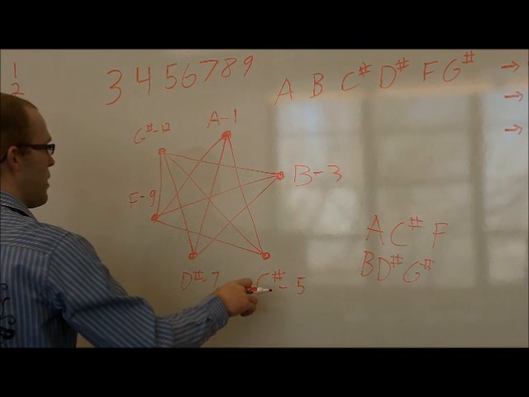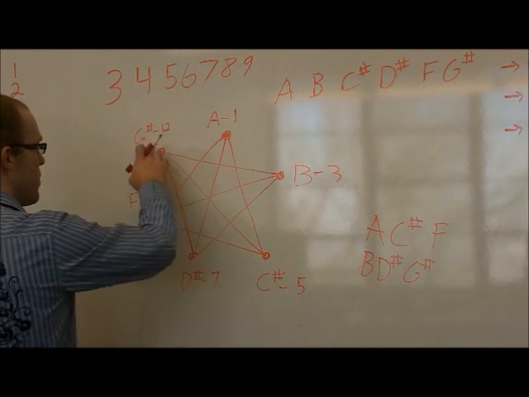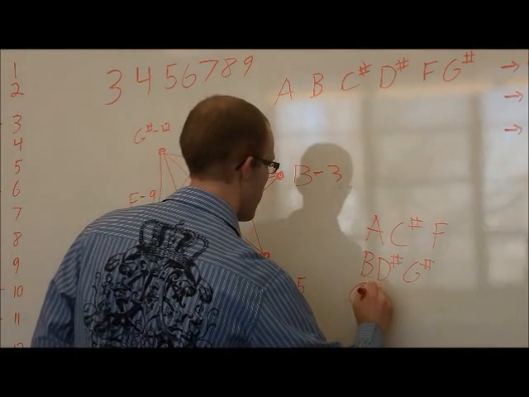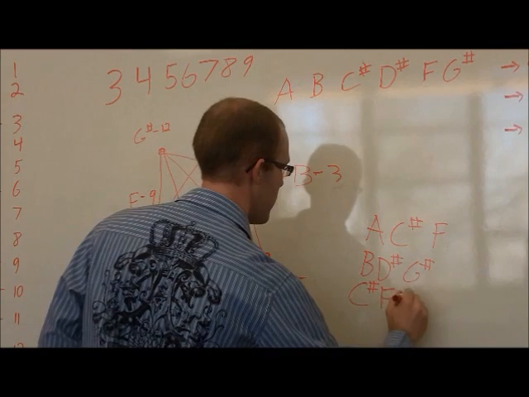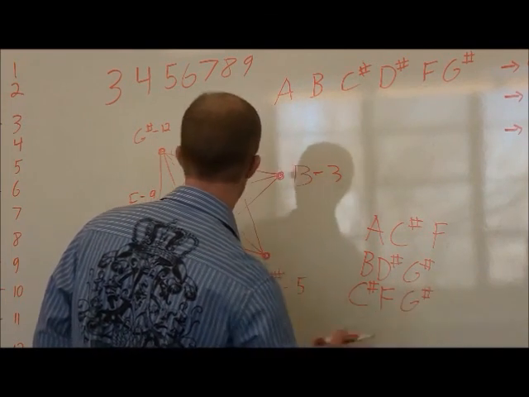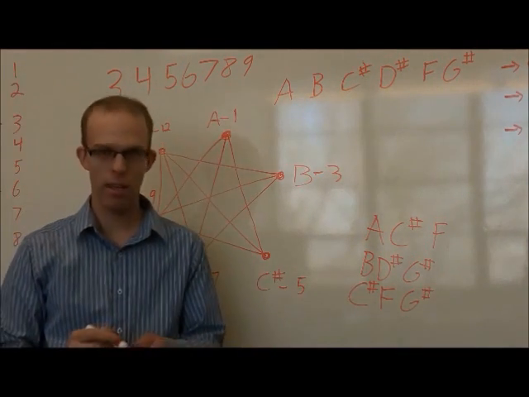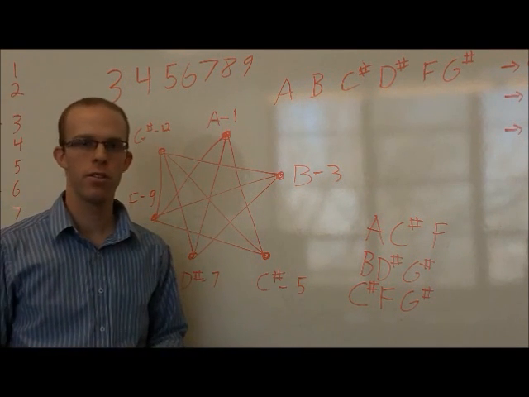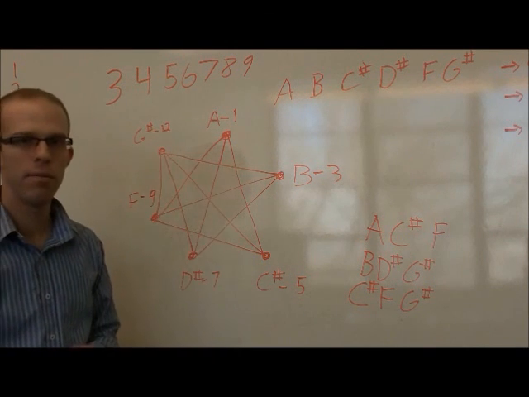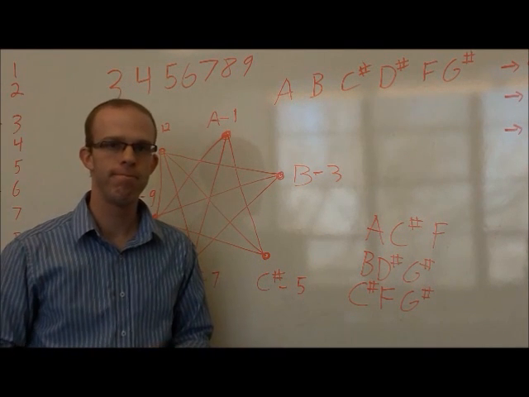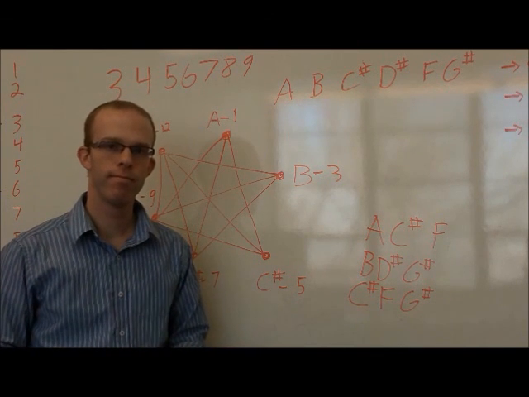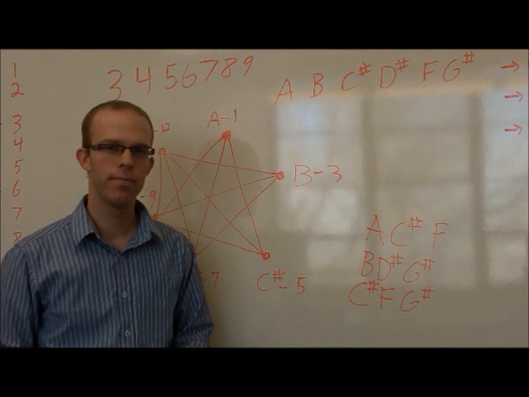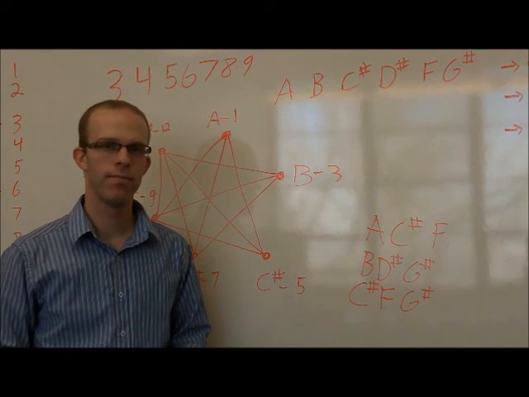And F, G sharp, C sharp, so C sharp, F, G sharp, and there might be others. I don't want to take the time to find all of them right now, but we found 3 different harmonic chords that we have in our own personal scale. So the philosophy here is choose your own tones, create your own mode, and based on this very simple procedure, you can come up with all the harmonic chords of that particular scale.